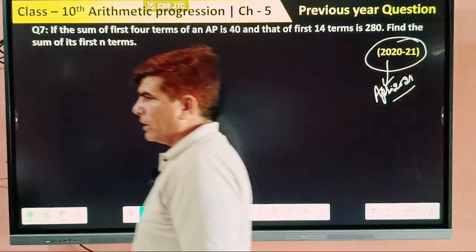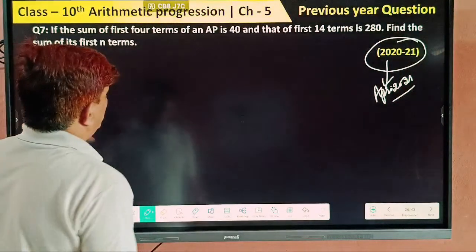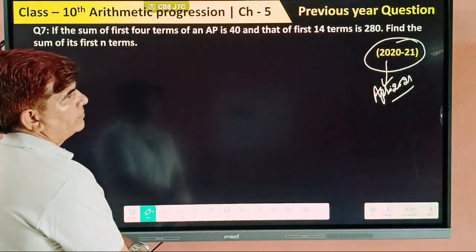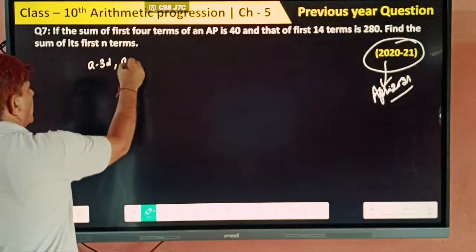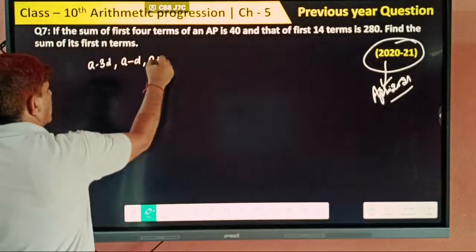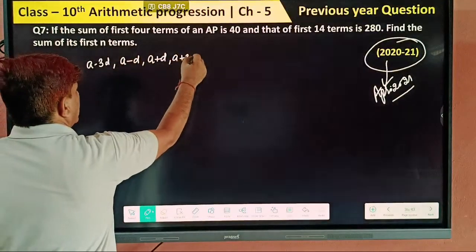This also makes one more question, which came in April 2020, related to CBSE. The sum of the first 4 terms of an AP is 40. The first 4 terms are a minus 3d, a minus d, a plus d, a plus 3d.